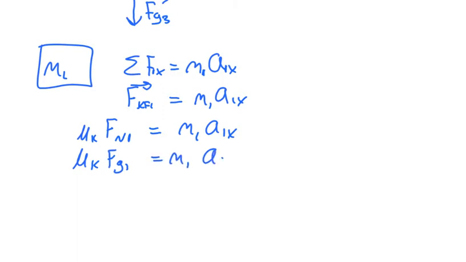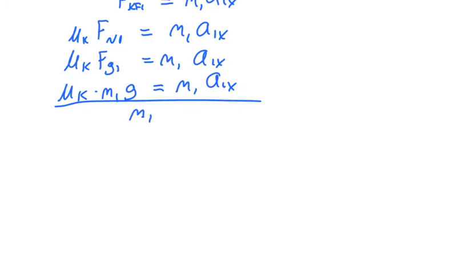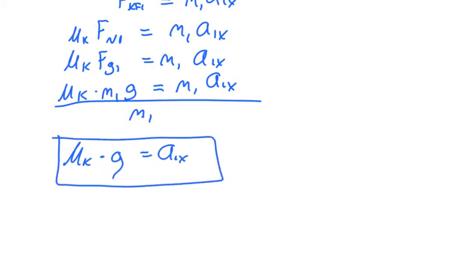So mu k times Fg1, which is the same as m1 times g, equals m1 times a1x. We have an m1 in both terms, so I'll divide the whole thing by m1. To find my acceleration now, it's mu k times g. Okay, so that's the acceleration for that first block.